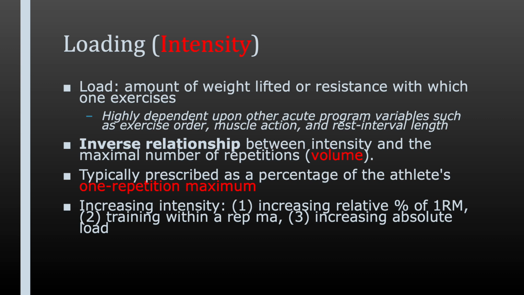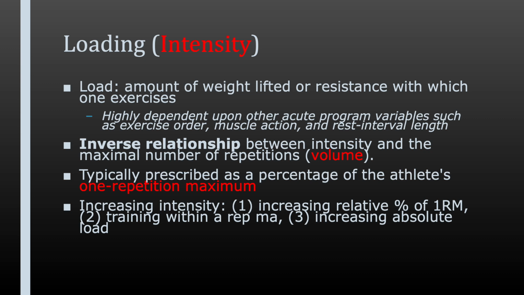So if intensity increases, if you're lifting a higher load, near your maximal ability to lift a weight, the number of repetitions will decrease. So intensity and volume are inversely related. Great test question. So it's typically prescribed as a percent of the athlete's one repetition max.